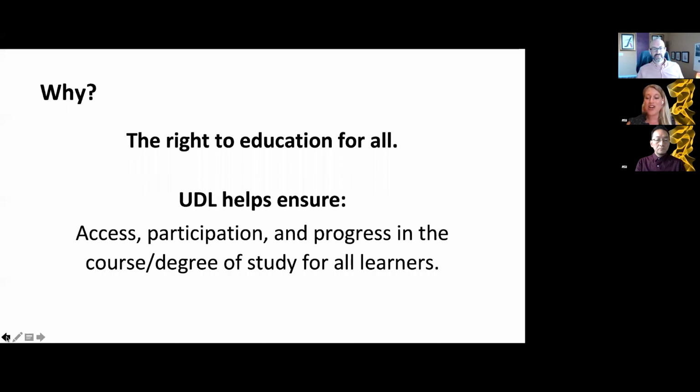So fundamentally, as John will touch on later in our conversation, UDL is not only about equity, it is about empathy. It helps ensure access, participation, and progress in the course or degree of study for all learners. This is especially true right now during times of COVID.